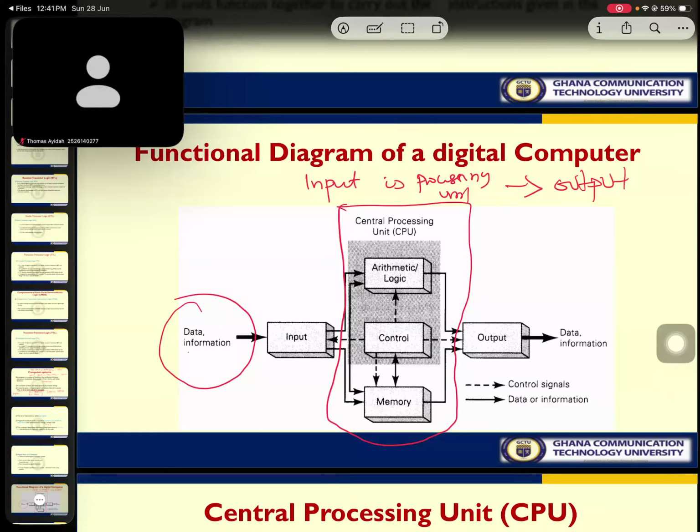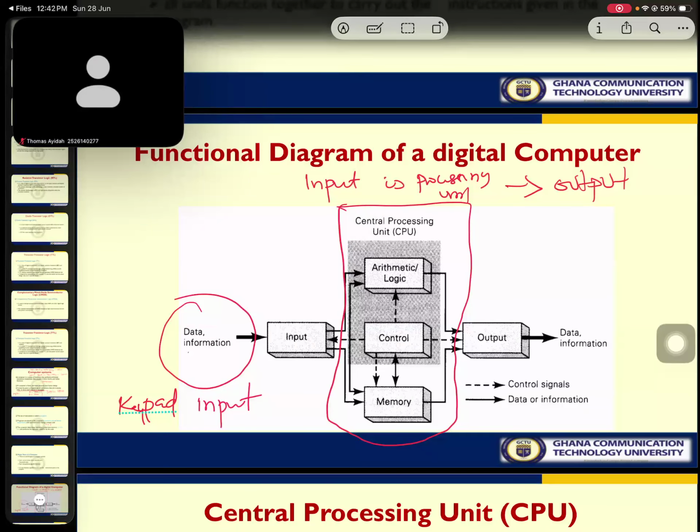So it is you, the user, that will feed the system with whatever you want to feed it with. So when you type, let's say 5 plus 3 on the calculator, the keypad becomes what? Your input.